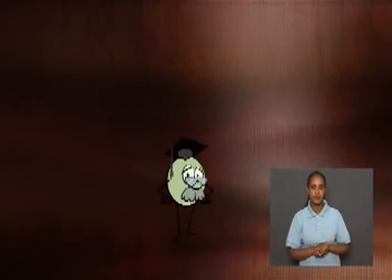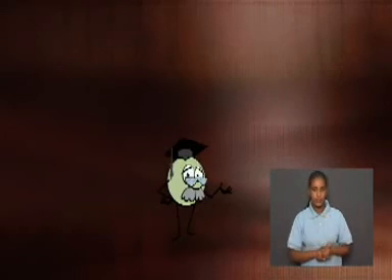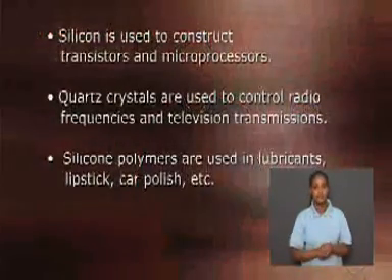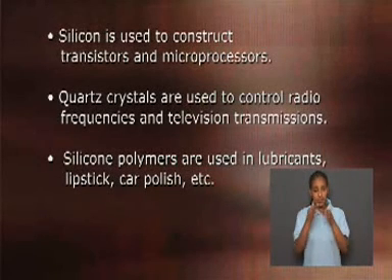Time's up. Let's get back to our lesson. Hello again, students. This might have been a tough activity because silicon is not an element that is often discussed. Silicon is used to construct transistors and microprocessors.